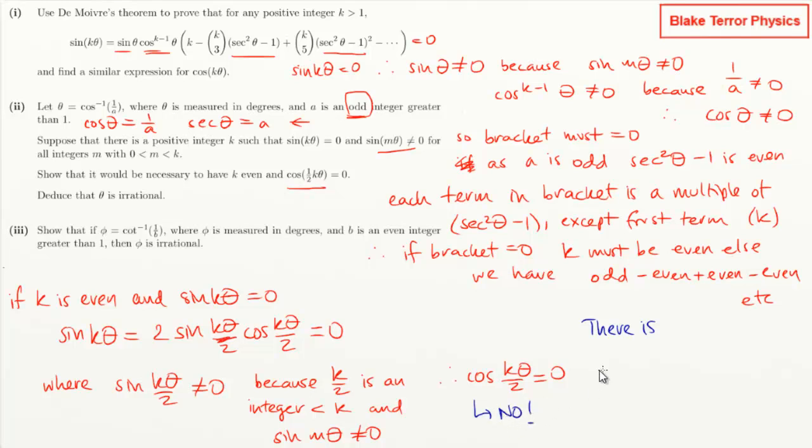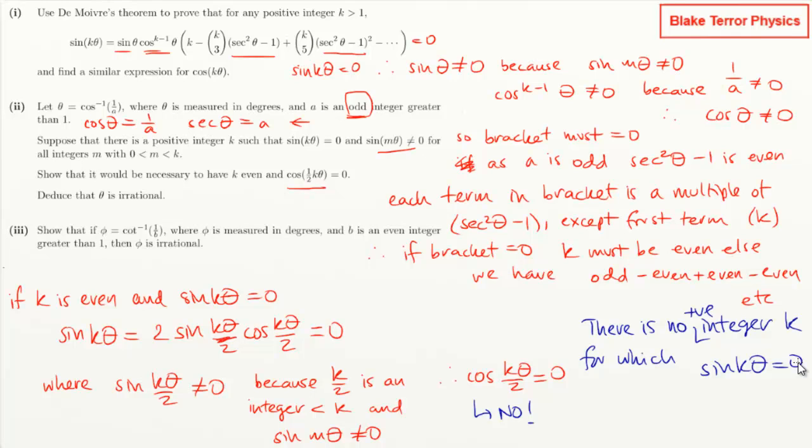As shown on the previous sheet, obviously you'd put it sequentially in your actual answer. So there is no positive integer k for which sine k theta equals 0. Right, so what does that mean?